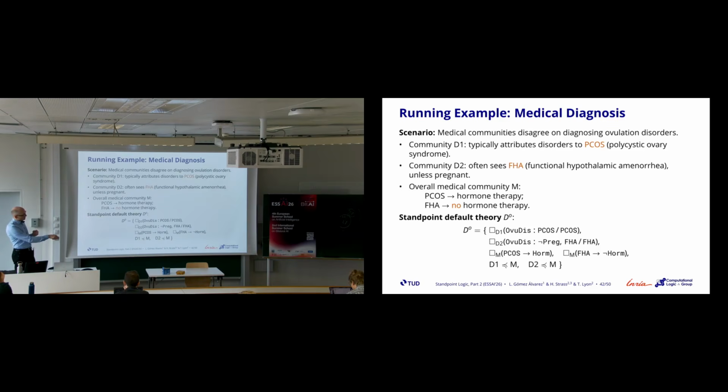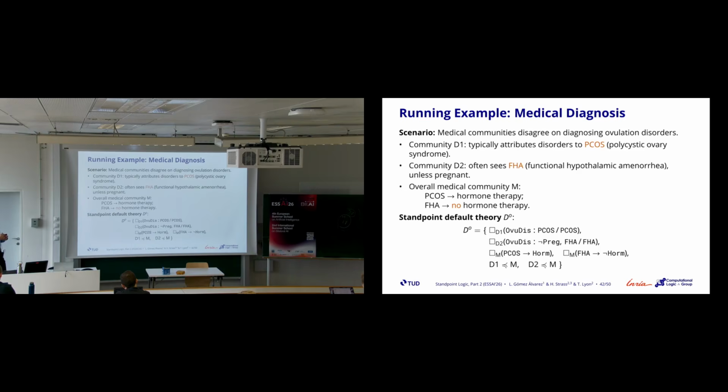So we have these sharpening statements saying that D1 is a sharpening of M, right? So anything that holds in M also holds in D1, and the same for D2, right?